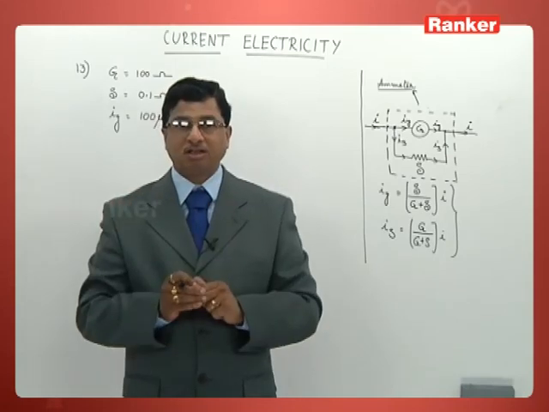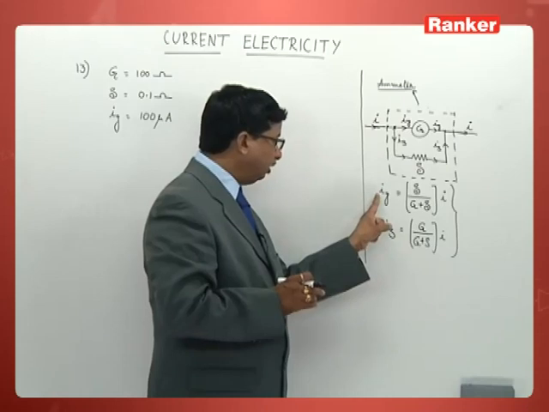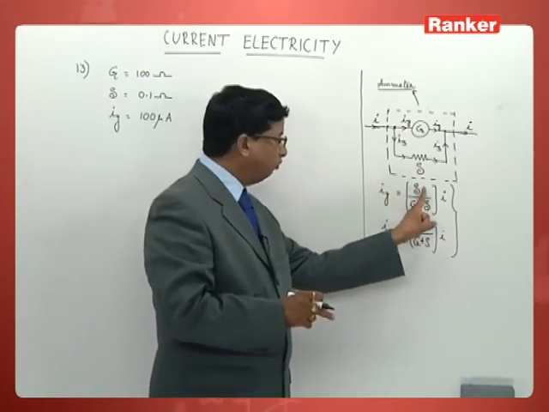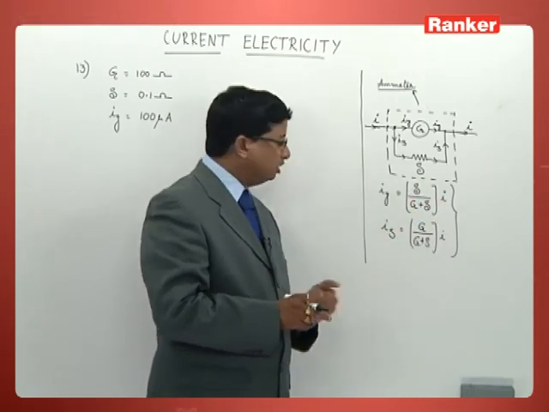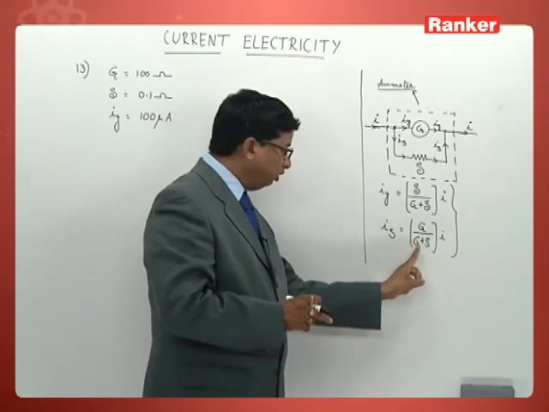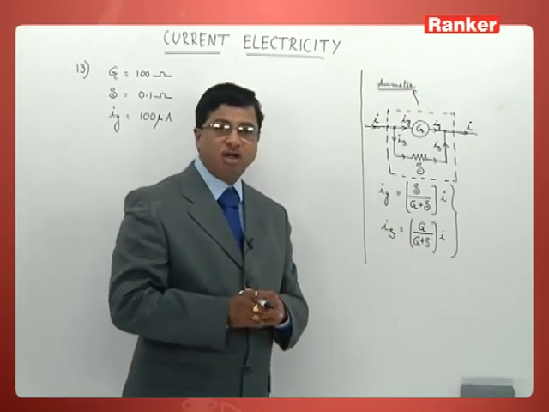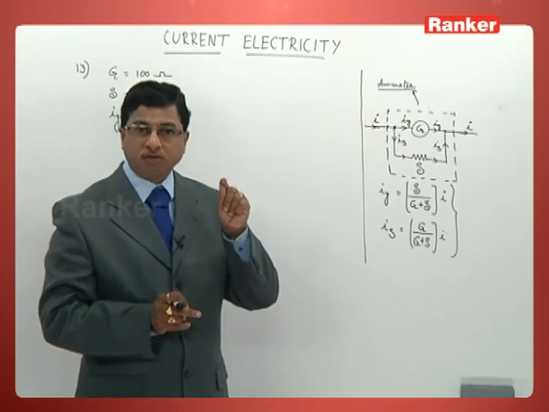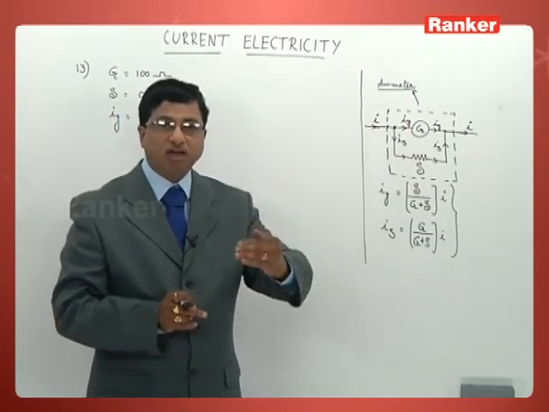So what you should remember for an ammeter is that the current across the galvanometer Ig is equal to S/(G+S) × I. Similarly, Is is equal to G/(G+S) × I. What is this Is to be called? Is is nothing other than the current passing through the resistance shunted across the galvanometer.